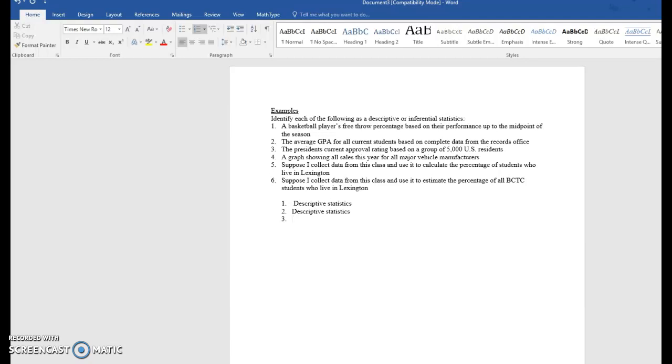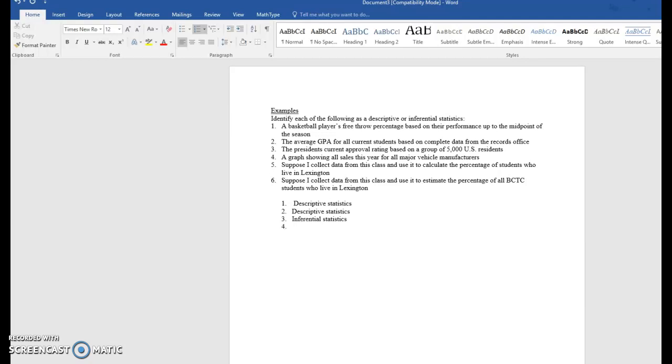This is, of course, what's commonly done to get the president's approval rating. So this is inferential. We're taking the data from 5,000 residents and inferring that the entire population is going to have that same opinion. So this is inferential statistics.